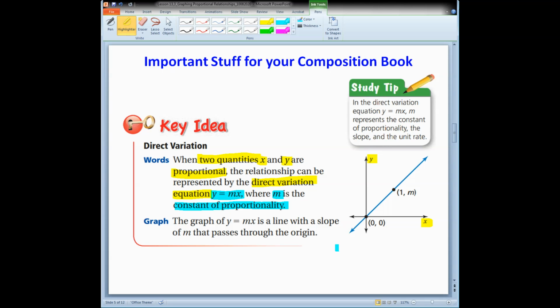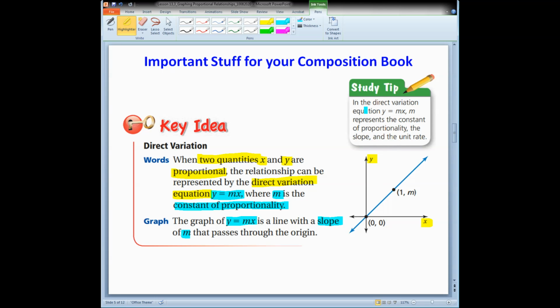Well, it's this variable m in this equation, y equals m times x. And what does the graph of y equals m times x look like? Well, based on the work that we've done, this graph is a line with a slope. Remember, I said that the constant of proportionality is a slope of m that passes through the origin.